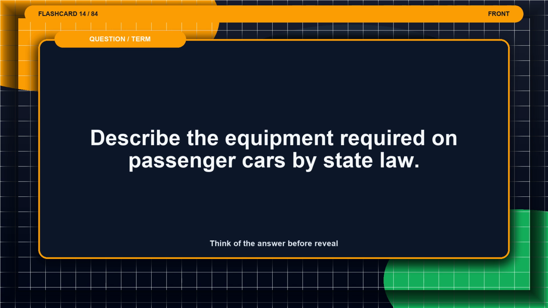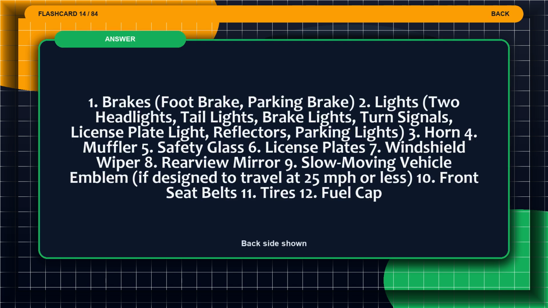Flashcard 14. Describe the equipment required on passenger cars by state law. Think of the answer before the reveal. The answer is 1. Brakes, foot brake, parking brake. 2. Lights: headlights, tail lights, brake lights, turn signals, license plate light, reflectors, parking lights. 3.